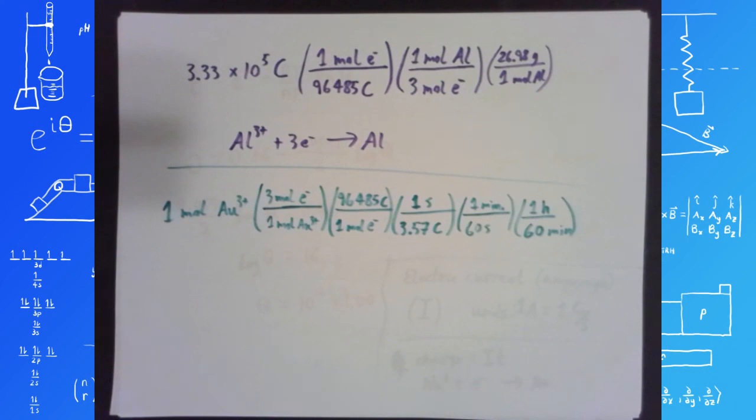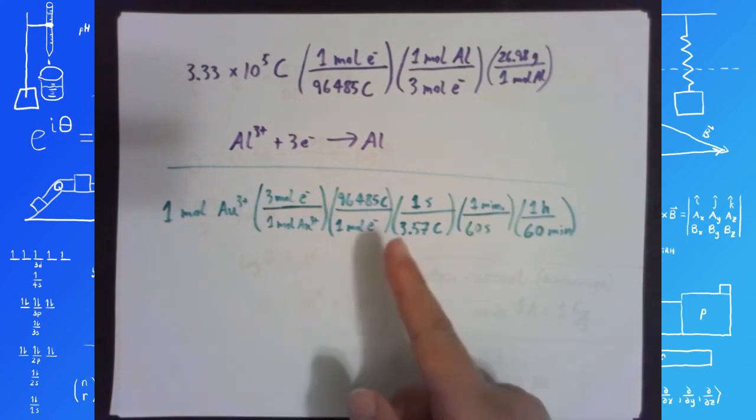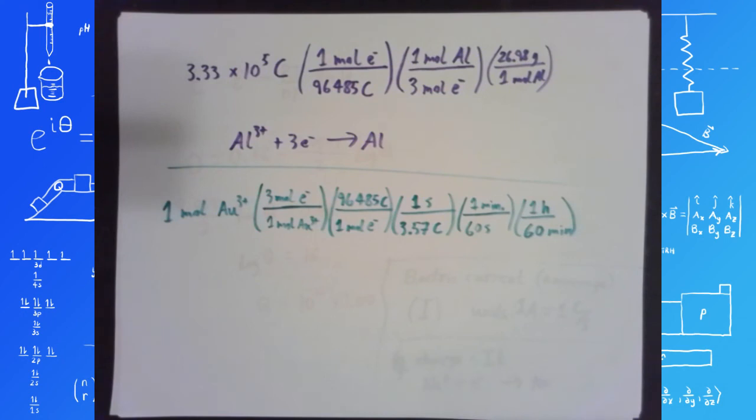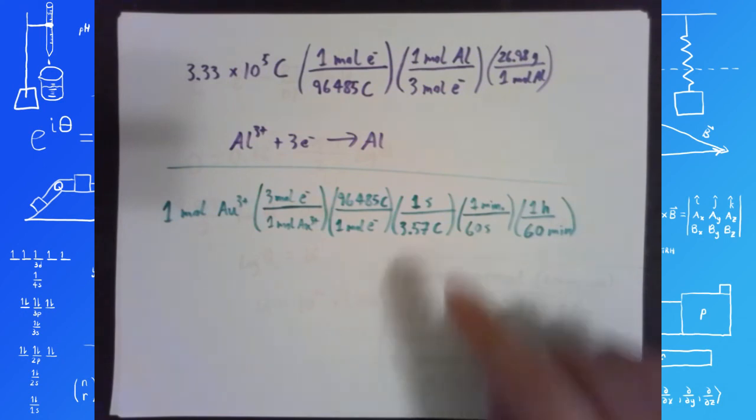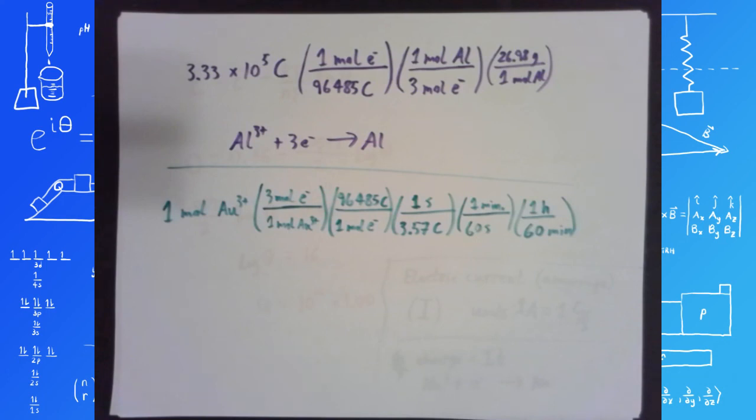Let's see, so that's 1 times 3 times 96,485 over 3.57. Multiplying that by 3. Okay, yeah, that's a lot of seconds. So that's 81,100 seconds.